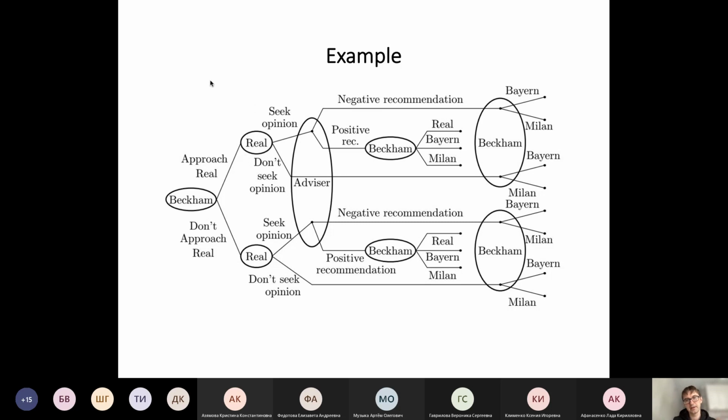I guess two, because it can seek opinion or not seek opinion in both information sets. First of all, how many elements? You said two, but then you kind of contradicted yourself. Two elements, because we have two nodes, this node and this node. And for every element, two values are possible, seek opinion and don't seek opinion. So basically, if we count strategies, there are four strategies.